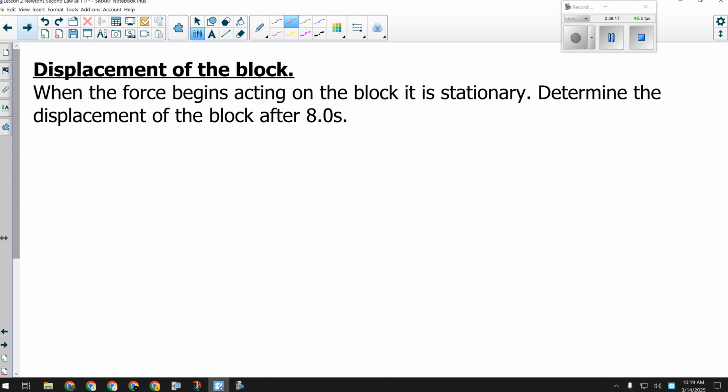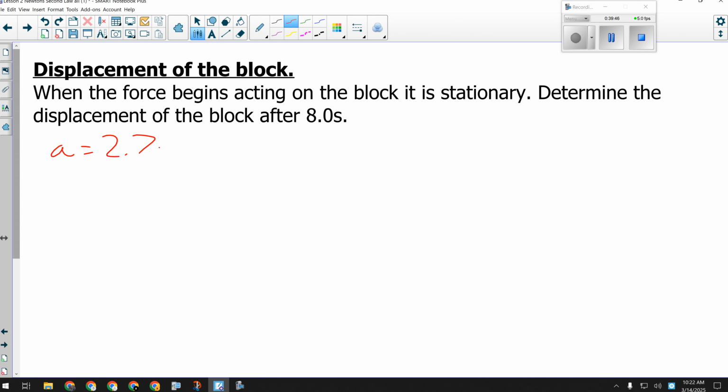When the force begins acting, the block is stationary. Determine the displacement of the block after 8 seconds. Is this really just a question from Unit 1? It's an acceleration problem. We already have the acceleration. We just calculated it.